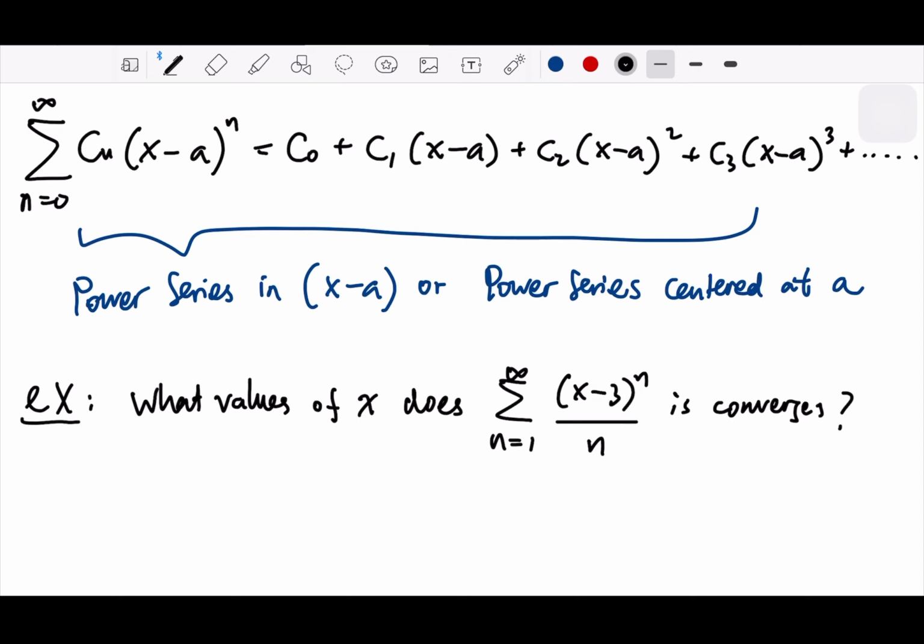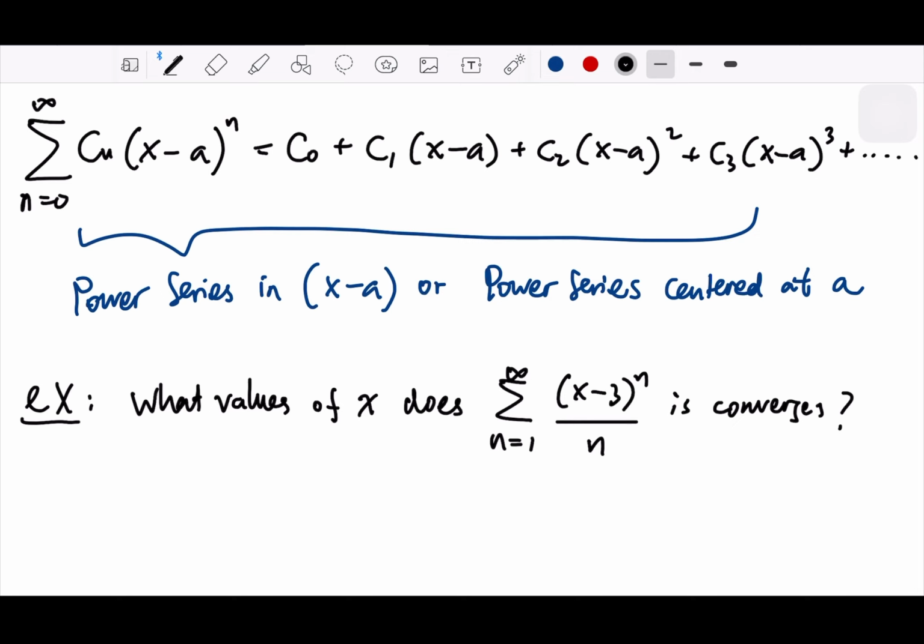And now we are having x, so that our convergence has an interval. Usually we converge to some number, like half, 1, 0, right? But now, in terms of this series, we have some interval of convergence.